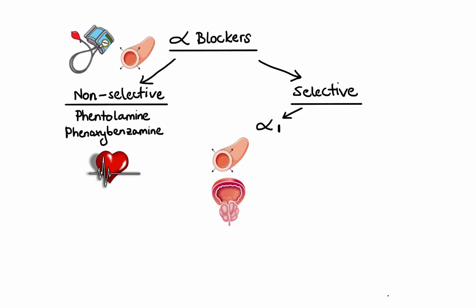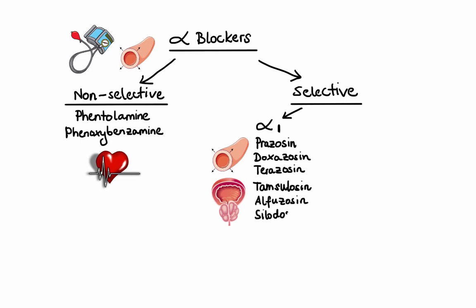Now, examples of alpha-1 selective blockers include prazosin, doxazosin, terazosin, tamsulosin, alfuzosin, and silodosin. And note that this ending with osin is a pretty good giveaway when it comes to identifying alpha-1 blocker.